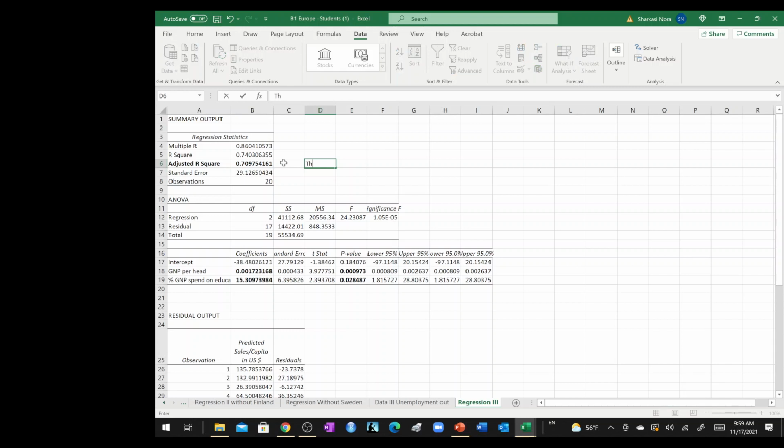So first of all, the model here without Finland only explains almost 71% of the variance of the sales per capita of computers in US dollars. Okay, so this is the number one here.